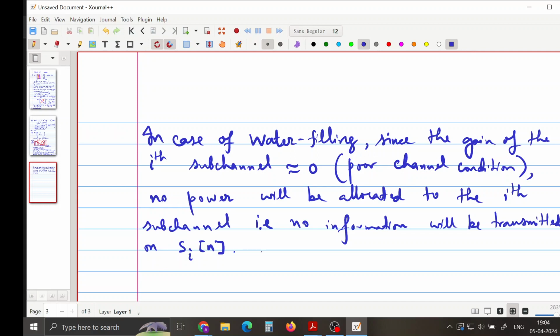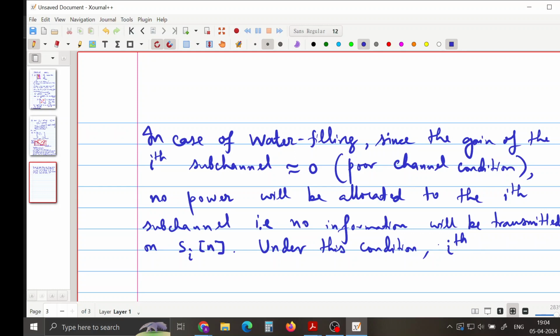So under this condition, under this constraint, this ith subchannel behaves as a don't care. We are not bothered about it, we are not taking that particular subchannel into our account.